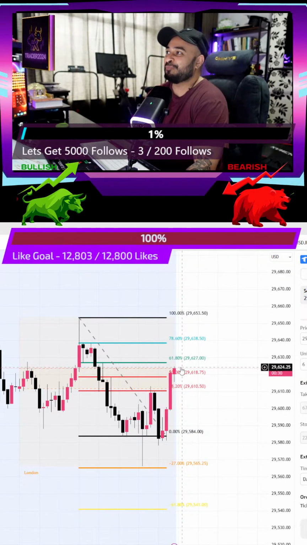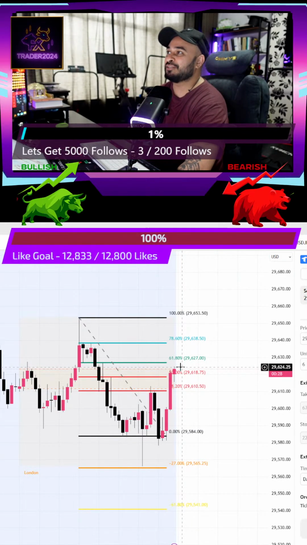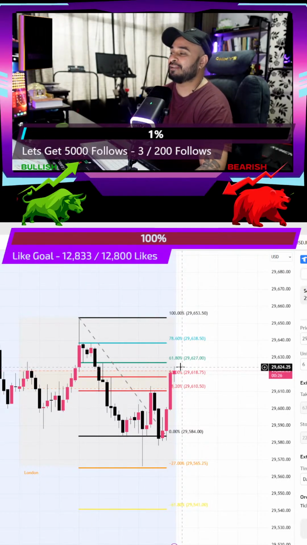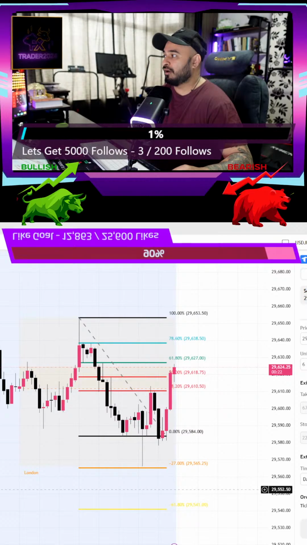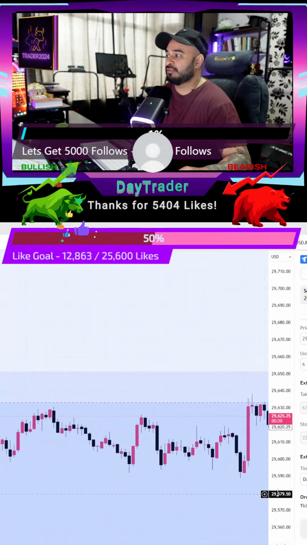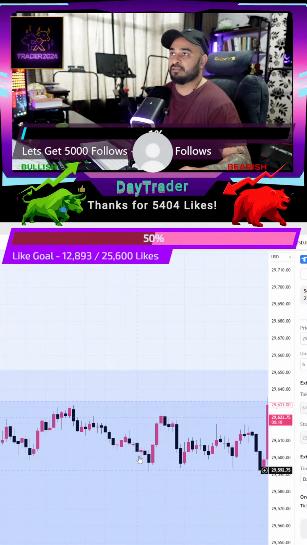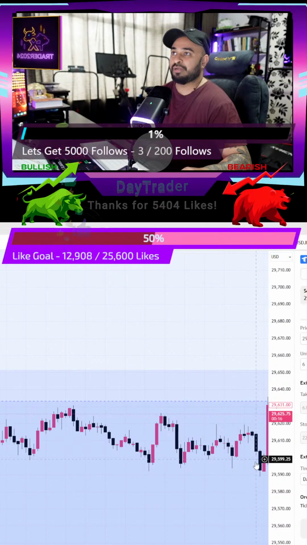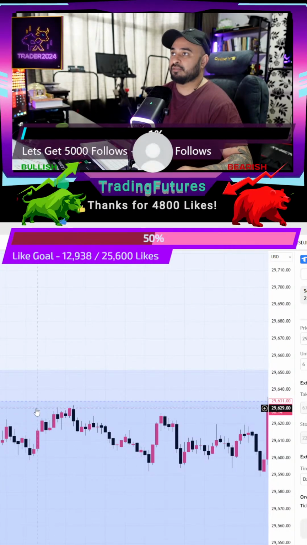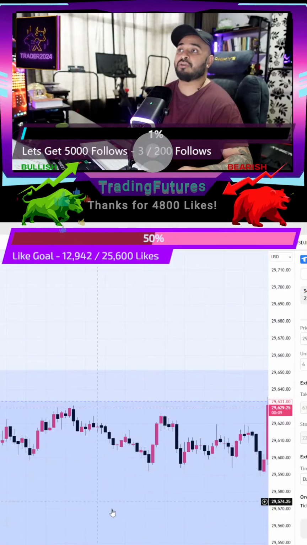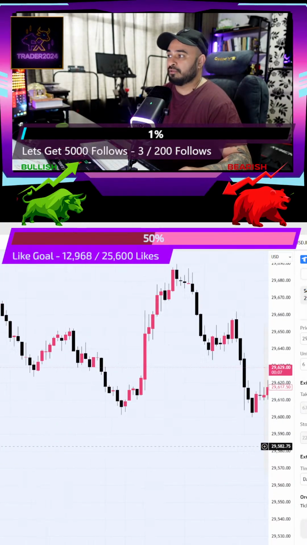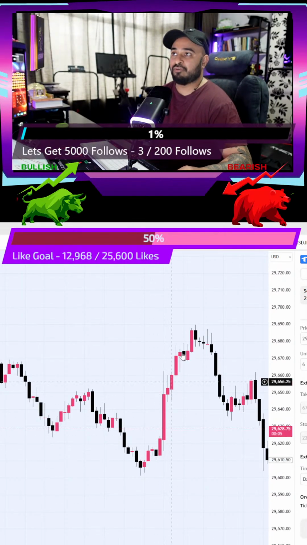it's chopping. T asks, how does volume help us in trading? Volume helps us in trading because this right here is choppy. You don't trade when it's choppy like this. Price is moving sideways, just chopping around. There's no volume, there's no momentum here. Come back down here, there's volume.